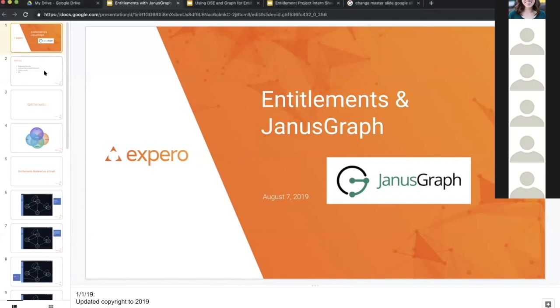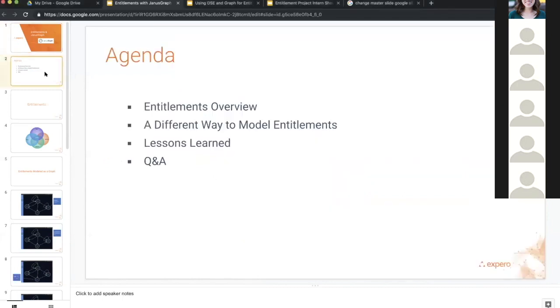Today the agenda is to do a quick overview of what entitlements means, look at a graph model for entitlements, and walk through some use cases and some lessons learned in doing an implementation that could be beneficial to everybody.